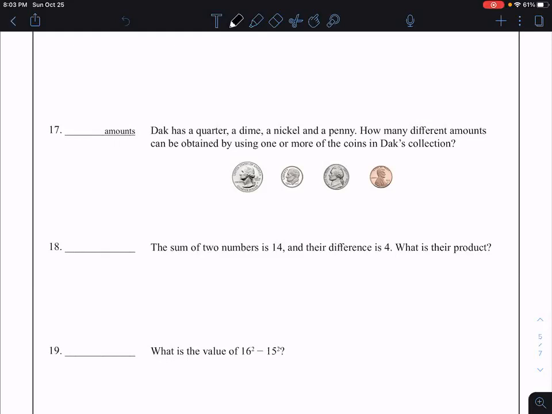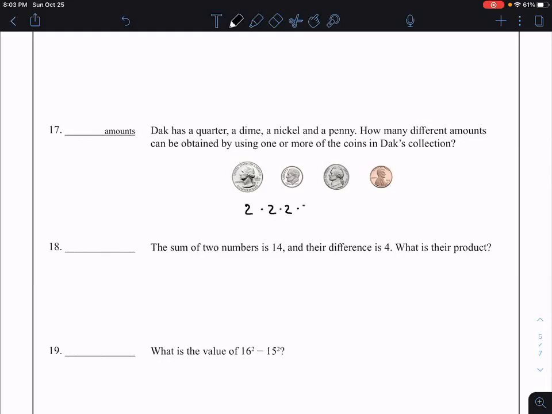So basically, no matter what combination of coins you choose, you're not going to get the same value. So basically, there are no duplicates. That being said, for each coin, you only have two options. You can only either choose the coin or not choose it.